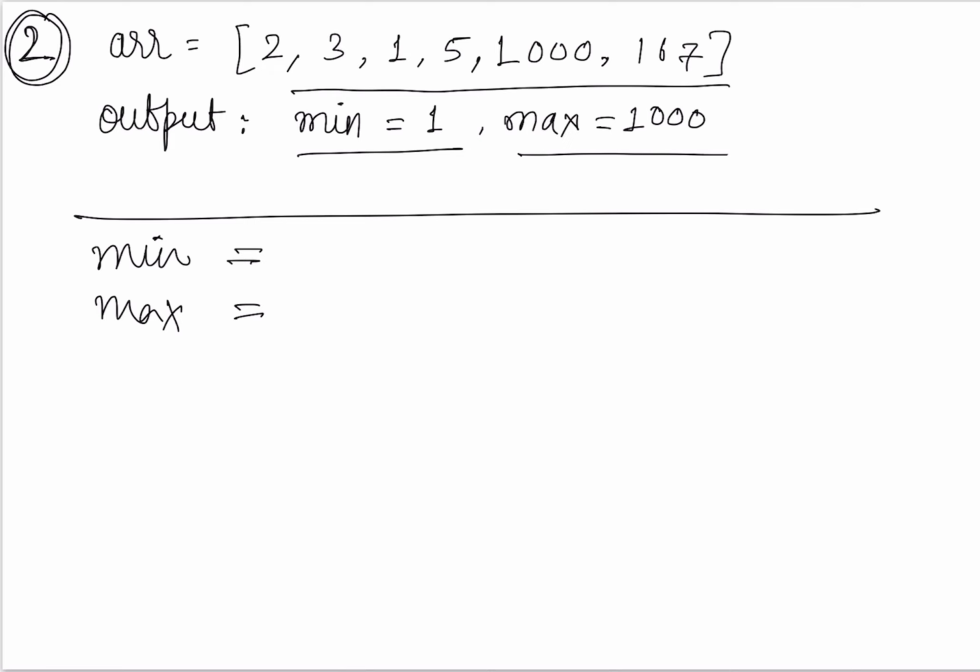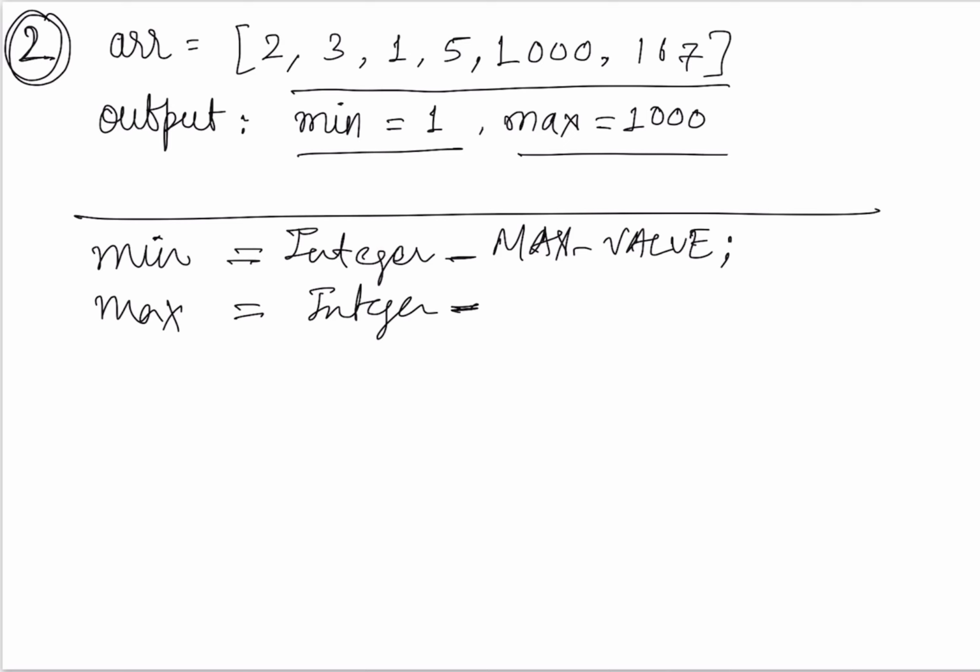So we first initialize the minimum value to the maximum value we can, which is Integer.MAX_VALUE. And for maximum, we go with the minimum value that we have, Integer.MIN_VALUE.